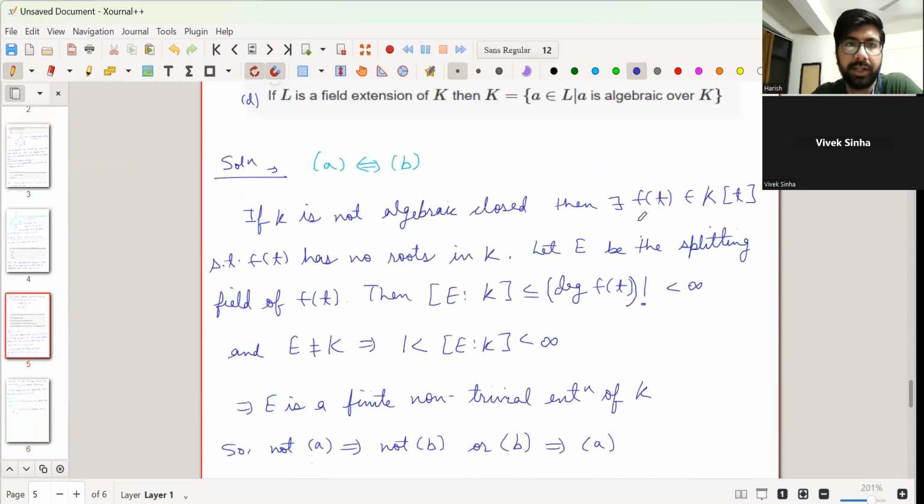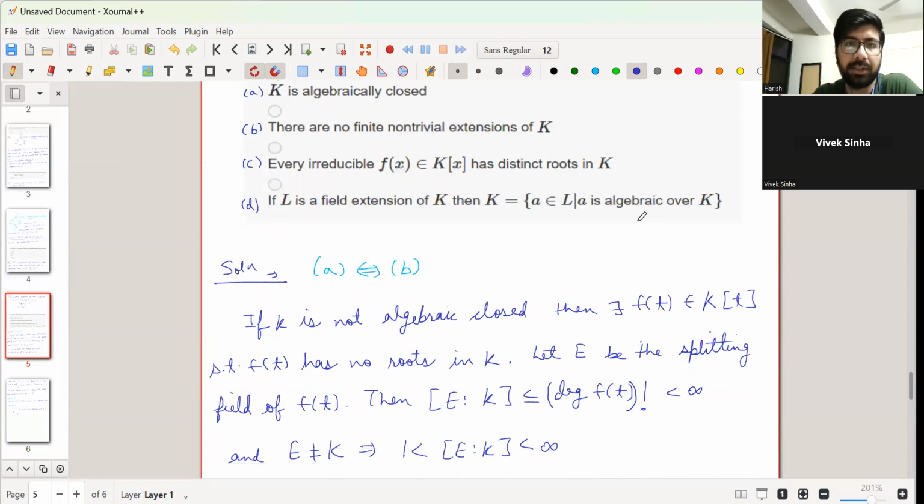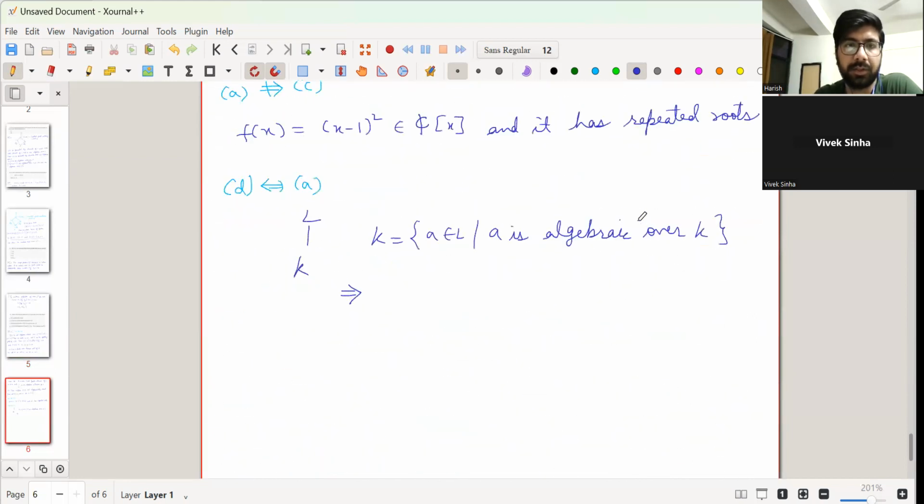L was any extension, if L is a field extension of K. So this is saying for any field extension L of K, this holds.